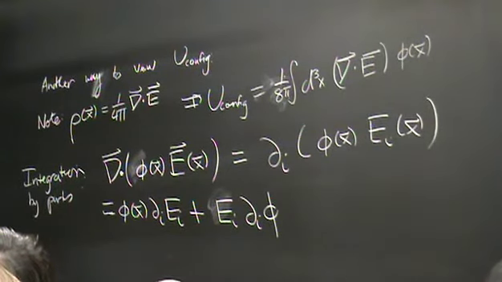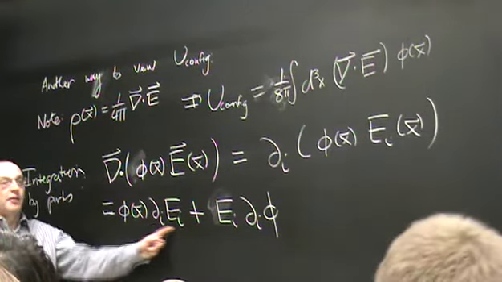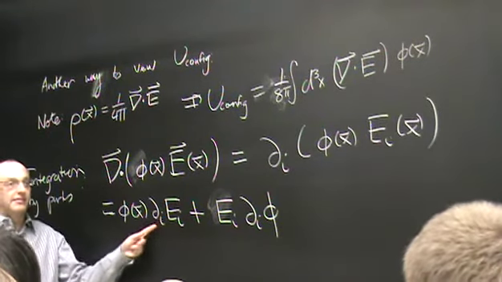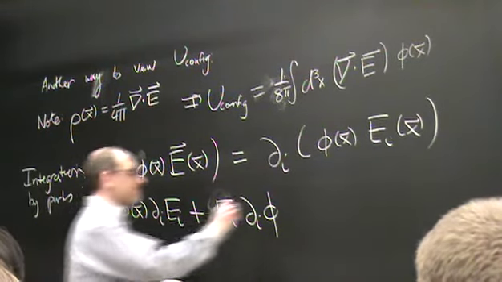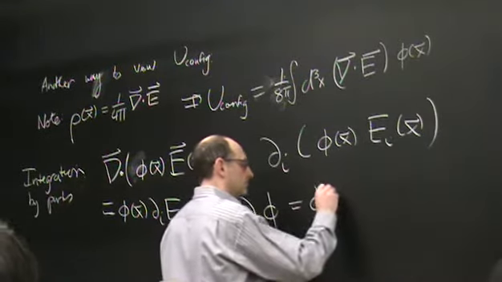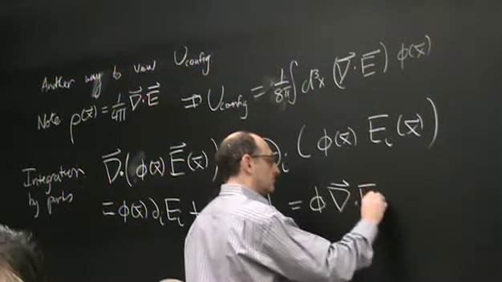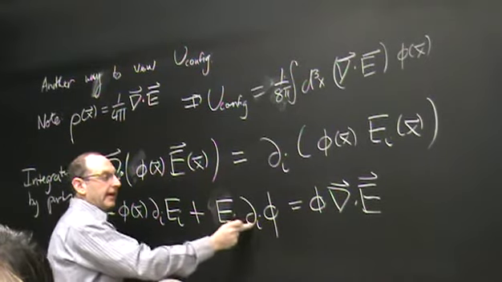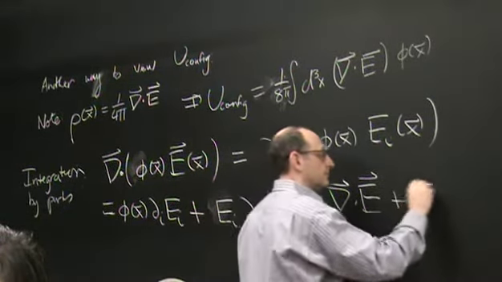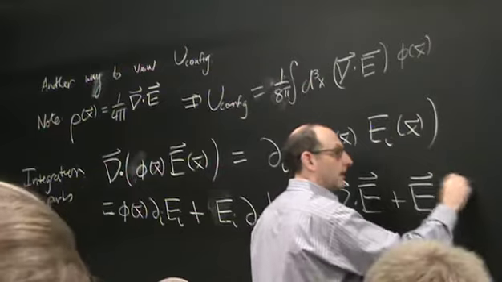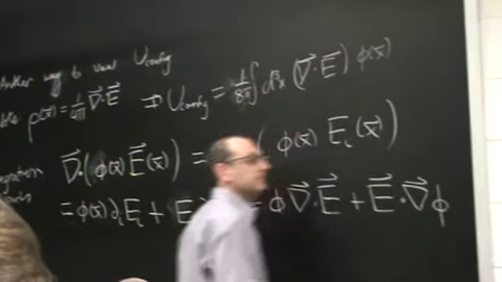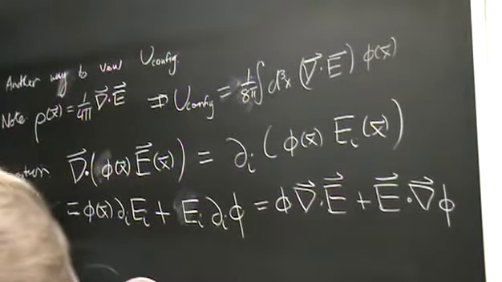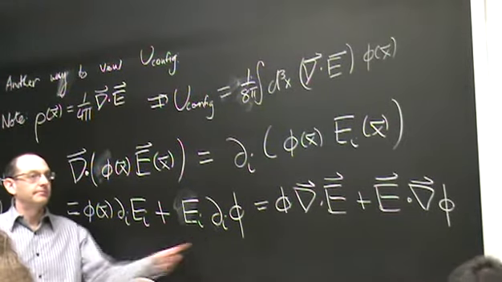Right? And this sum over i means the divergence of E. And this is E dotted into del phi. Right?